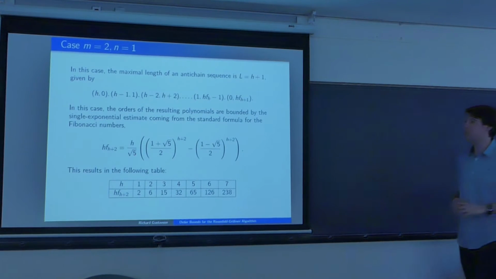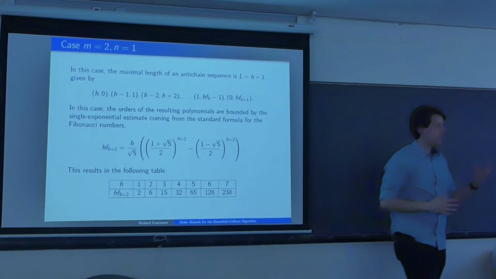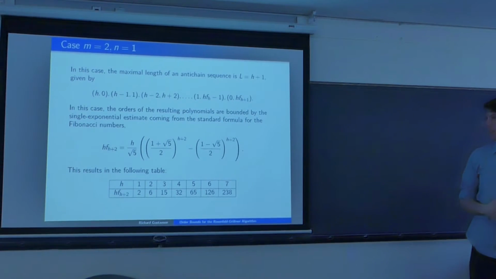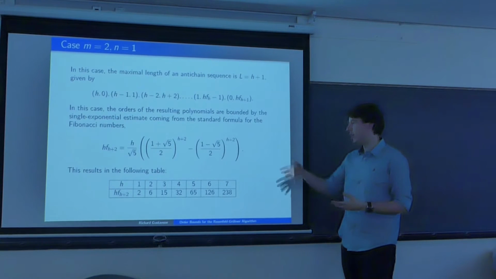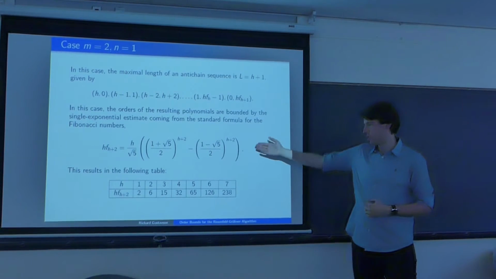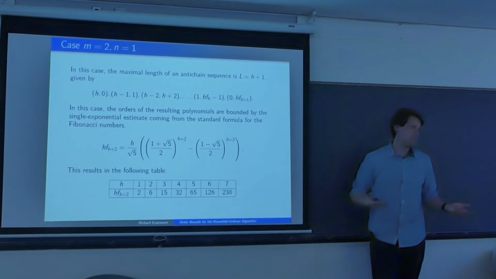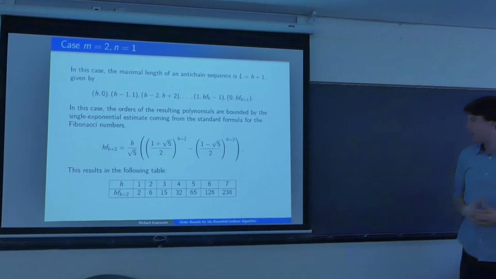So when m equals 2 and n equals 1, the length is h plus 1. So that means that the orders of the polynomials are just given by the standard formula for the Fibonacci numbers, which is exponential in h. This is the formula. Here's a table of some values for small values of h.